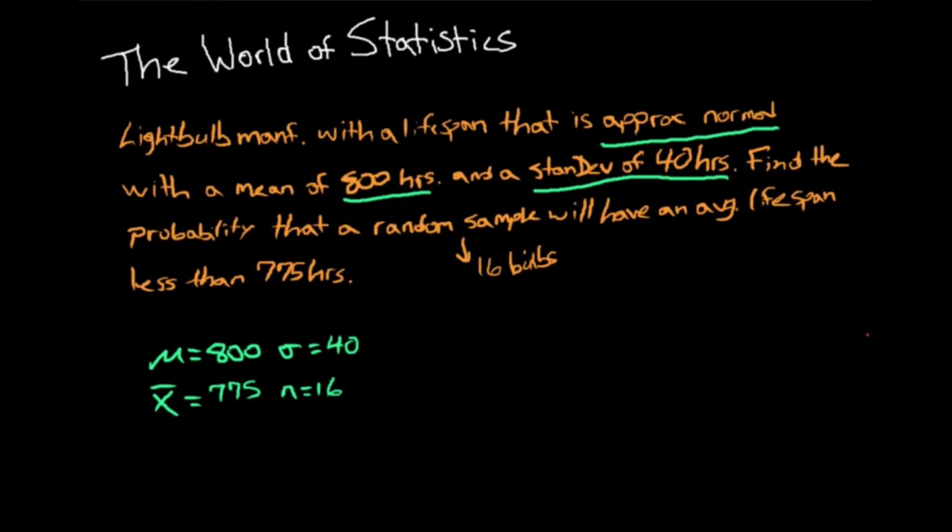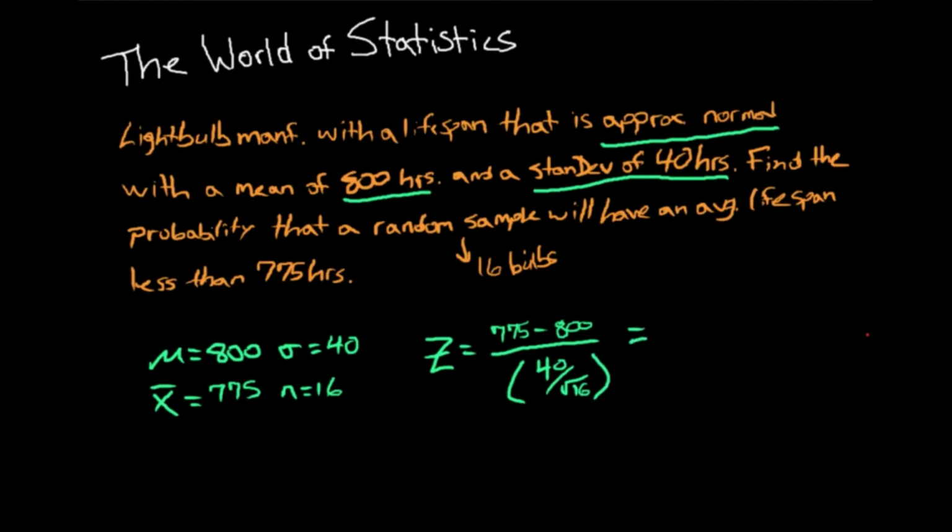After we've written down everything that we have, we can use the z formula. So we know that z is equal to 775 minus 800, divided by 40 over the square root of 16.